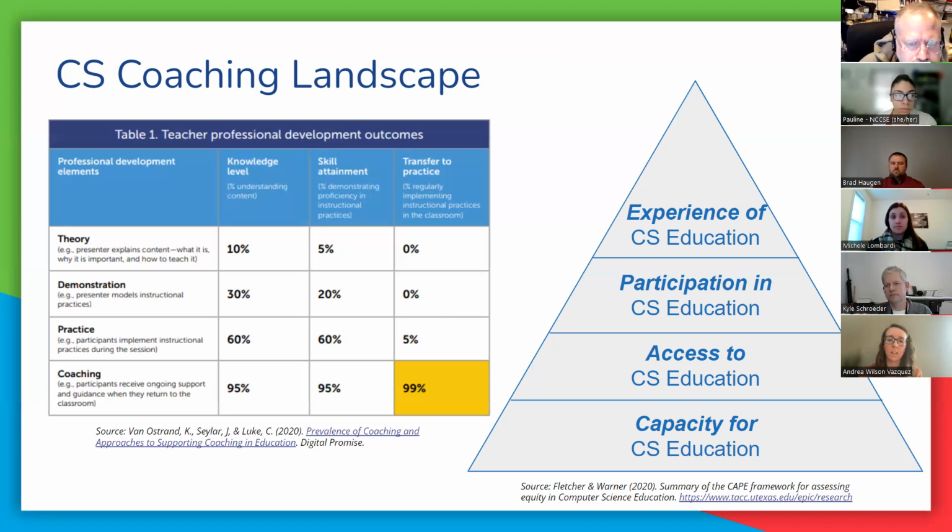And what she identifies is that the very basis of how we establish equitable computer science education ecosystems is really by supporting the capacity for teaching and facilitating computer science education. And so we wanted to do what we could to support teachers, knowing that teachers have the ability to impact thousands of students over the course of our career. So supporting teachers really is an important endeavor.